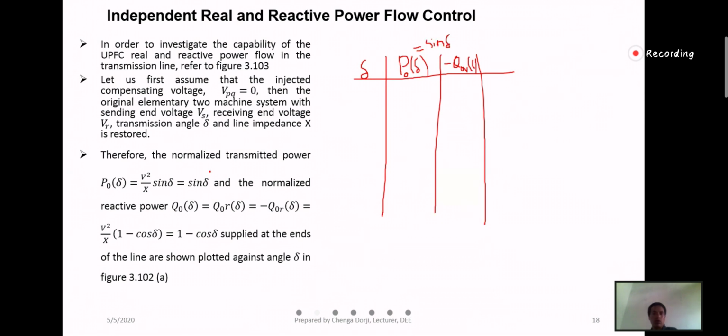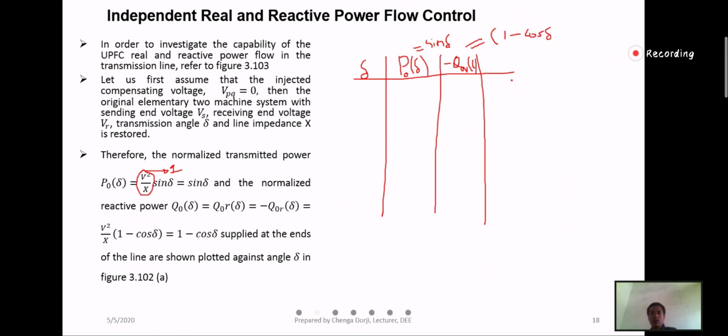We are considering this normalization factor, while plotting, you can consider this one as 1, and then QO delta is equal to 1 minus cos delta.